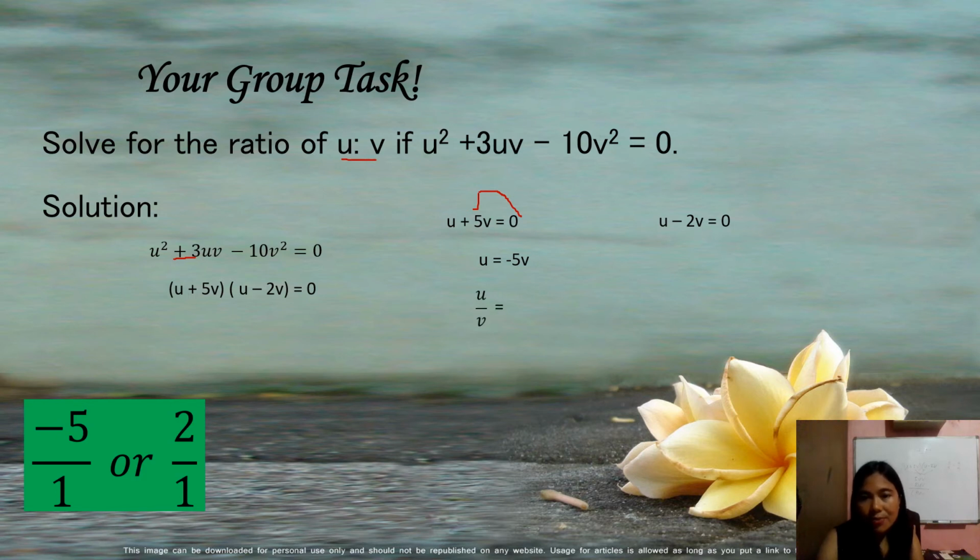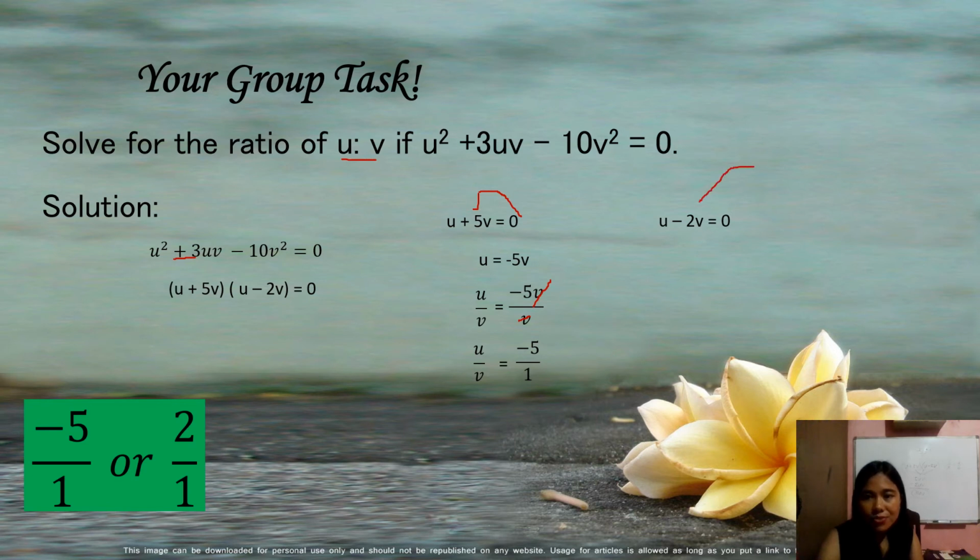So we will come up with negative 5v over v, wherein we can cancel out v and v and end up with the ratio of u to v as negative 5, since we do not have any number below, so we can just put 1. So the correct answer is negative 5 over 1. That's the first answer. Now let's have the other factor.